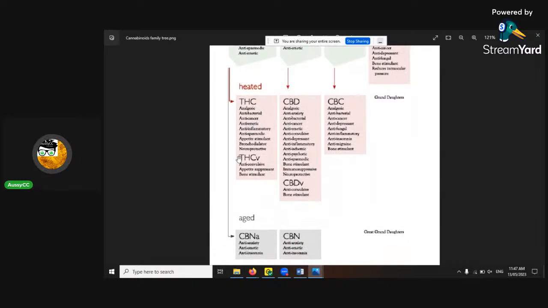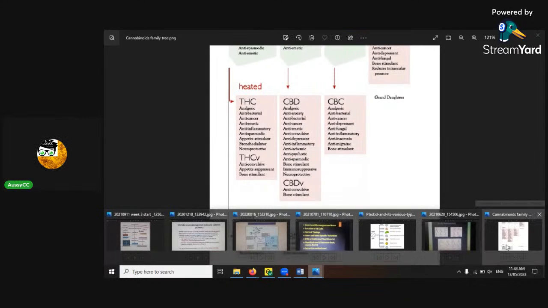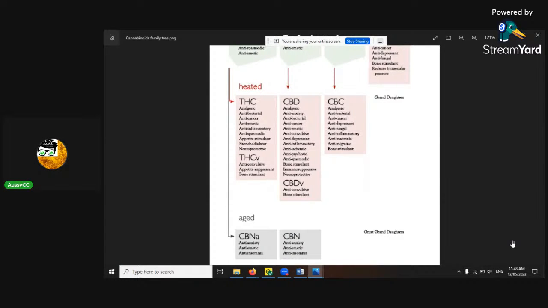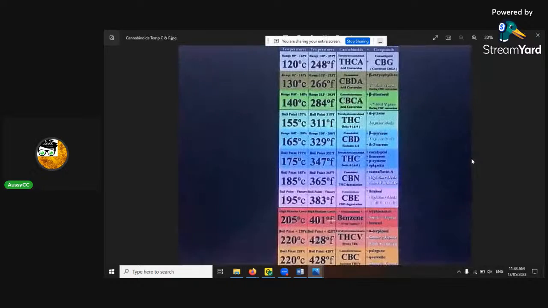And then after it's aged, it turns into CBN and CBNA. Oh, there are two there, because CBD ages into CBN, and THC also ages into CBNA. Is there a CBNA to unlock at? No. That would have been interesting.